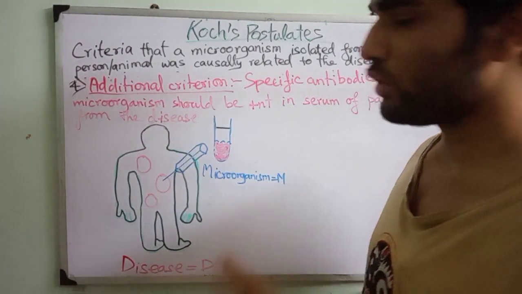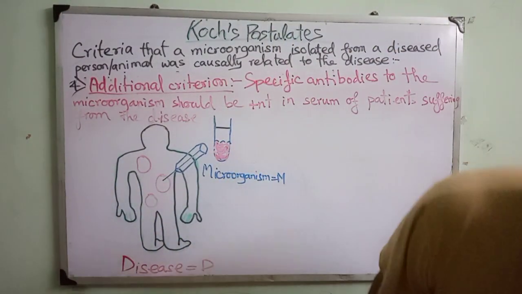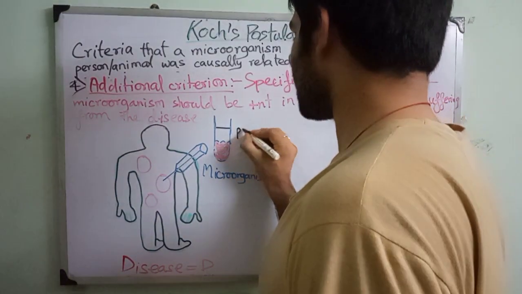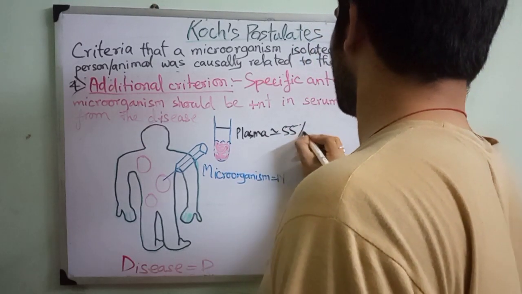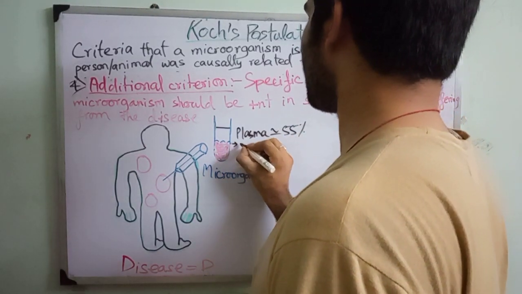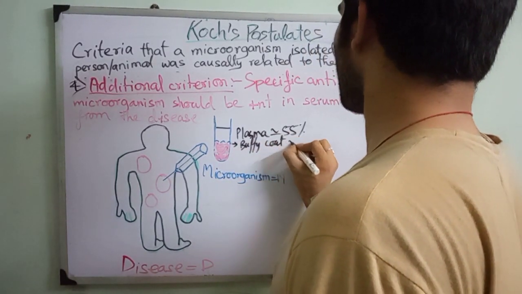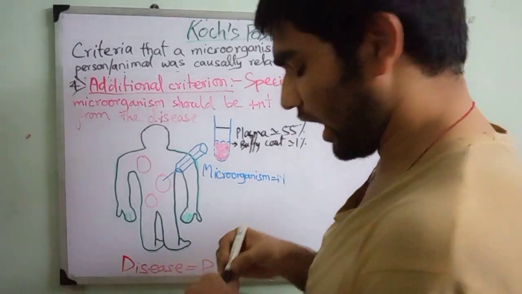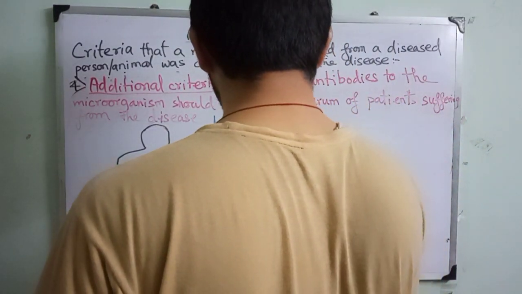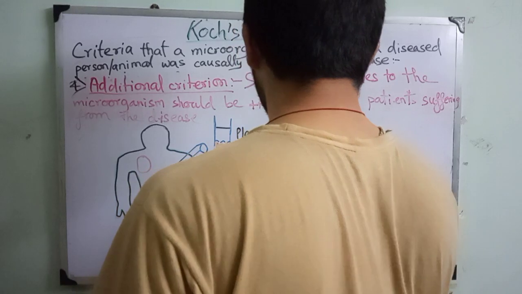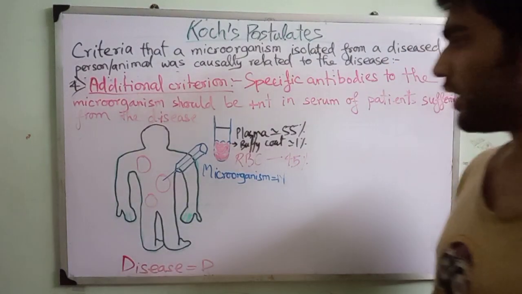disease. Now we know that when we do the ultracentrifugation of blood, we get three components. Plasma is about 55%, and the buffy coat composed of WBC and other things is about 1%, and the red blood cells we get about 45%.